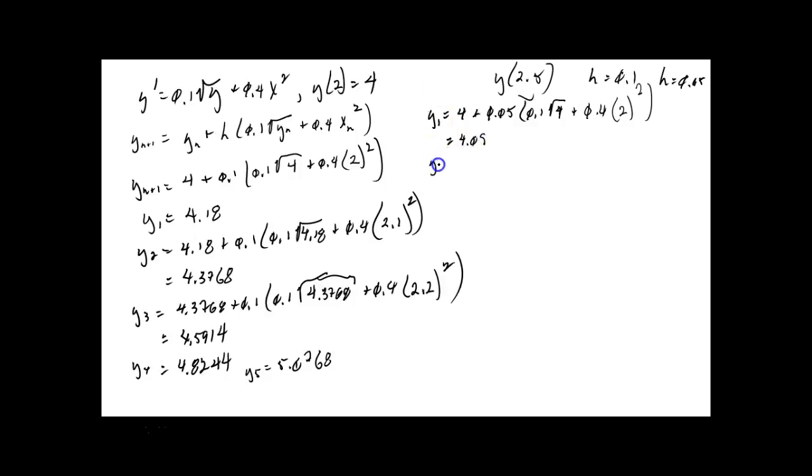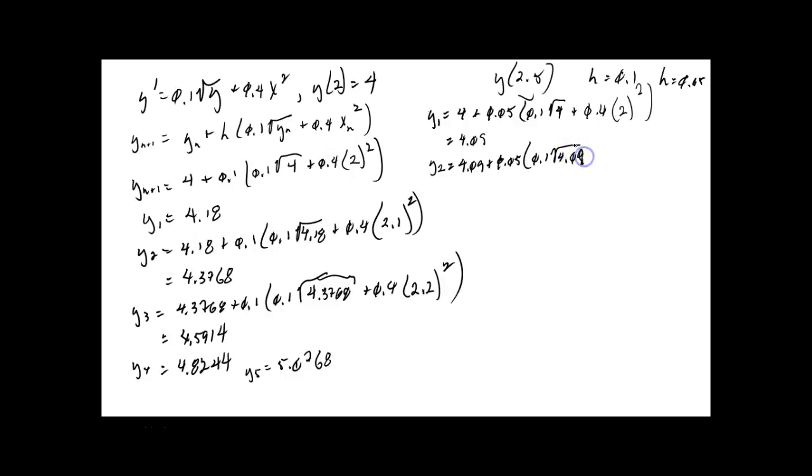Then the y2, we'll plug that value in there. The 0.05 there. This value we'll plug in there. And now we'll do 2.05. So I'll write that down maybe for this time. 4.09, plus 0.05 times 0.1 times the square root of 4.09.